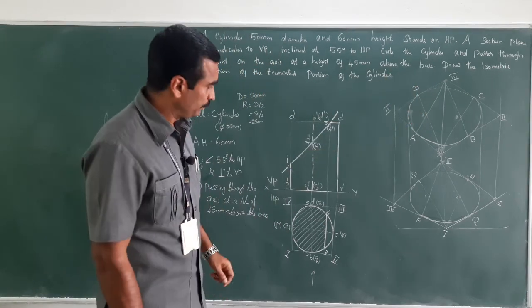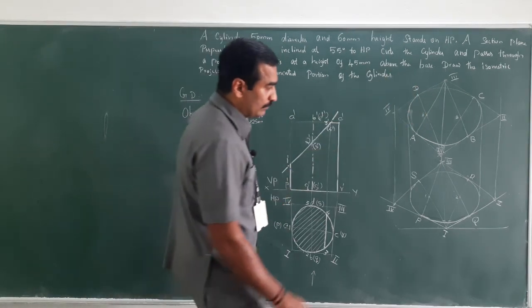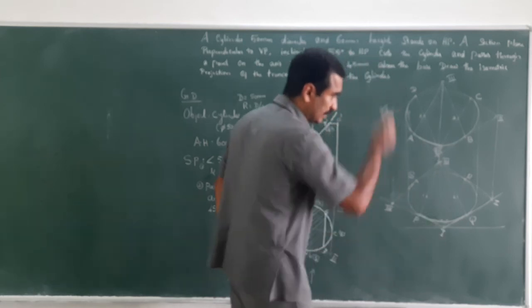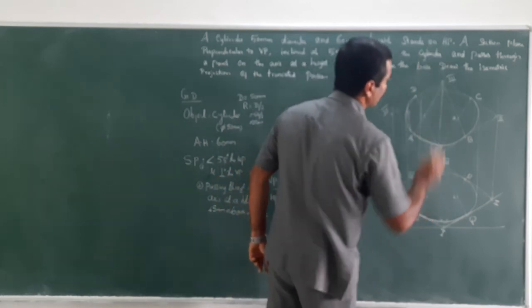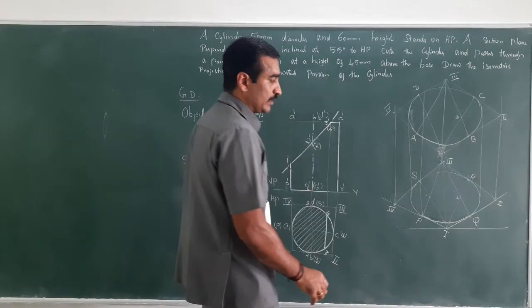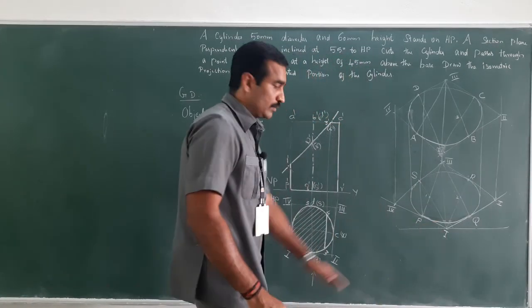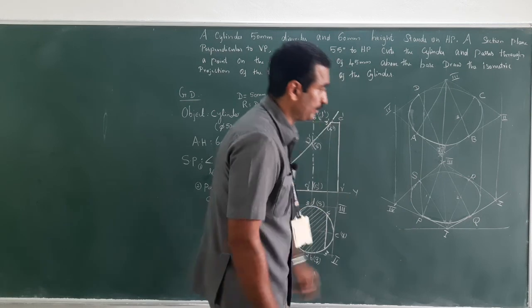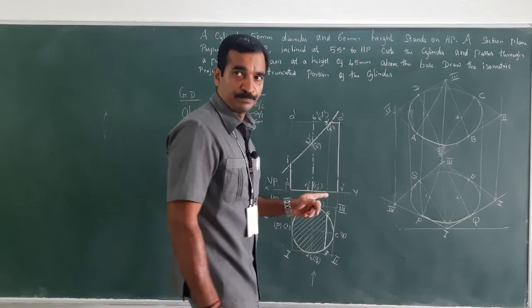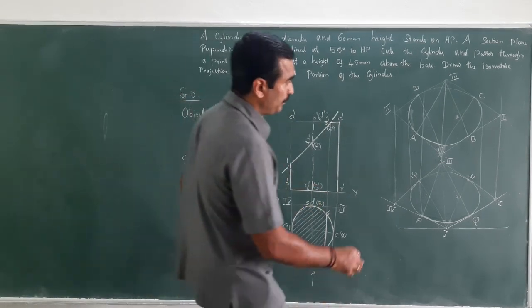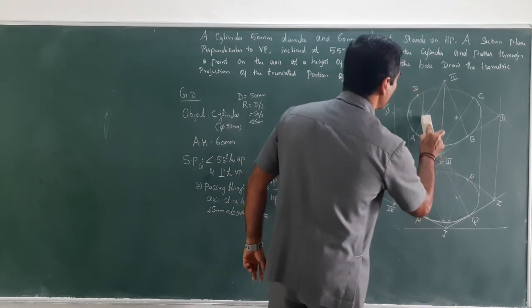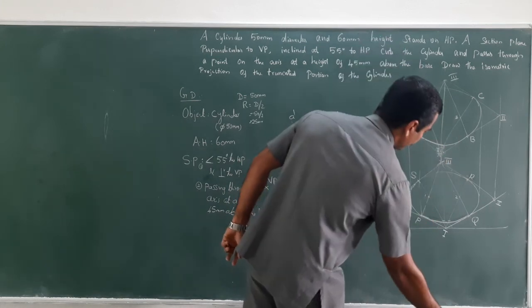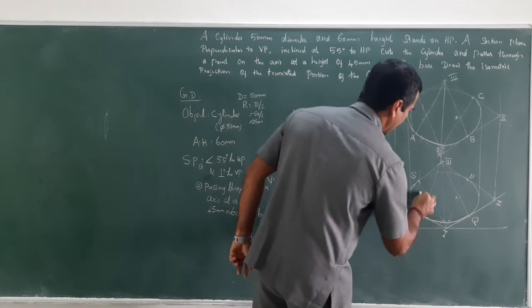Just watch carefully. So, draw a vertical line from P. That should be 90 degrees to the horizontal line. There is a baseline, right? Next, from P to A, it should pass through P to A, so you have to draw a perpendicular line.